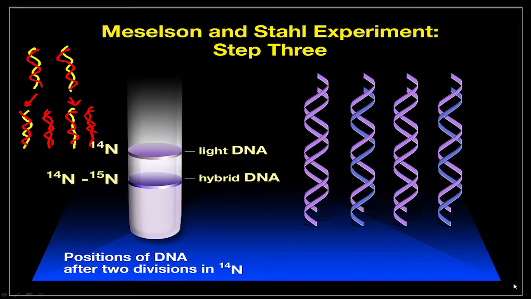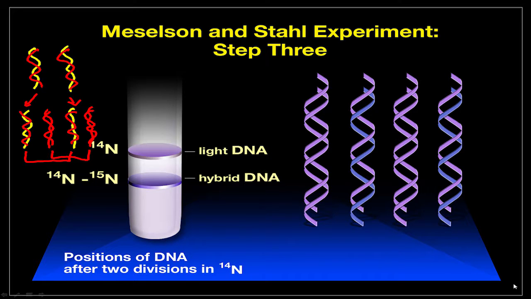So what would you see in the second generation, or after 2 copy cycles, if you will, if semi-conservative replication was true? Well, you'd see 2 strands that were hybrid 14-15N, just like you saw before, but now you're also going to be seeing 2 completely light new strands, because that's the nitrogen that's available to make DNA now.